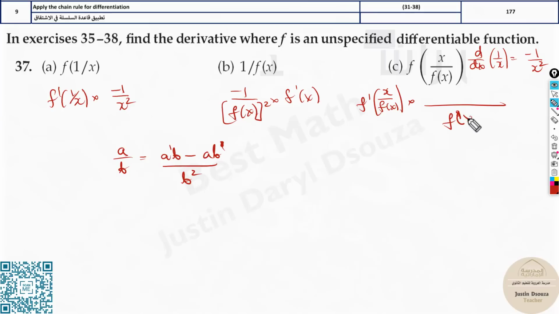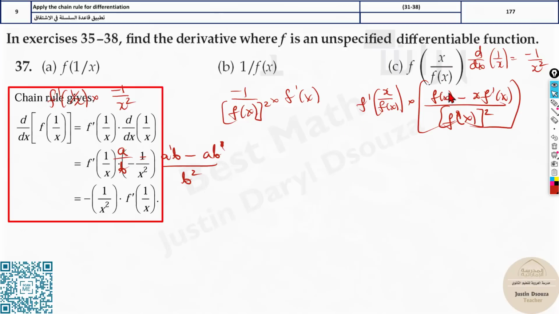I'll write it like this, f of x all squared, and above derivative of x will be 1, and multiply this with f of x minus the x term as it is, and derivative of f of x is f prime of x. So that would be the answer. You should just imagine this as simple terms. You can consider this as a, solve it and then substitute back as well, but this is much easier to understand. You can directly solve it because it's not so complicated.